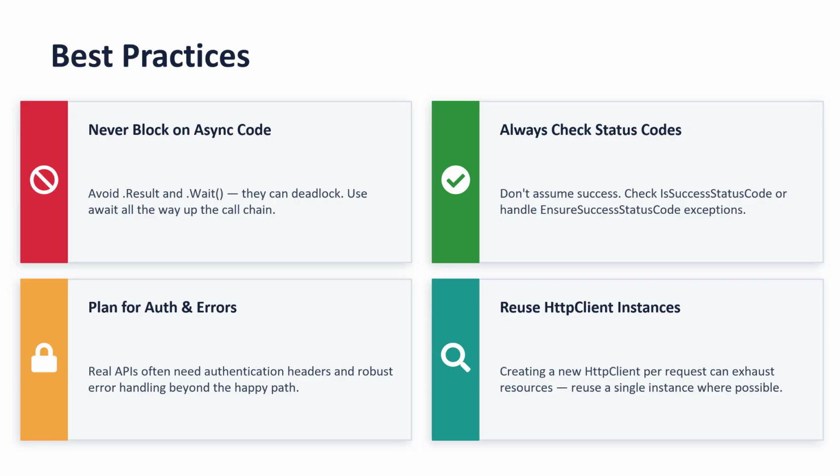So we want to plan for things like timeouts, rate limiting, malformed responses, and build our error handling with that reality in mind. Finally, we reuse our HTTP client instances. So kind of a subtle detail, creating a brand new client for every single request can actually exhaust system resources like network sockets over time. And the recommended pattern is to create one HTTP client and reuse it across many requests rather than constructing a new one every time we need to make a call.